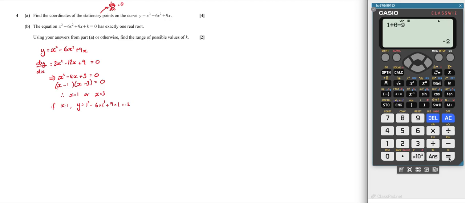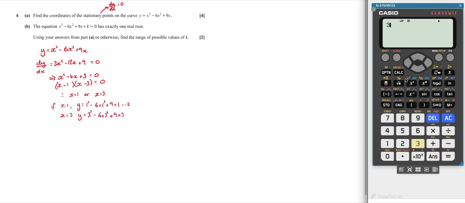And if x equals 3, y equals 3 cubed minus 6 times 3 squared plus 9 times 3.